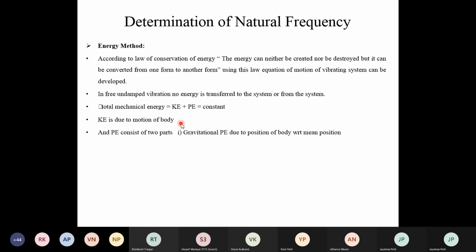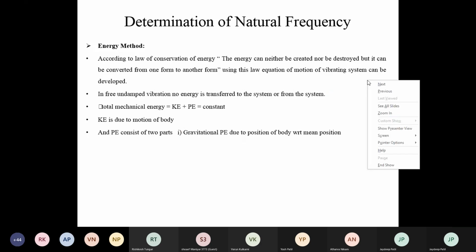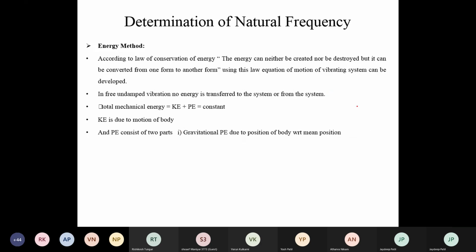But potential energy consists of two parts. First is the gravitational potential energy due to the position of the body with respect to the mean position. If there is no spring and the body is displaced from its equilibrium position, the height is given. For example, this is a simple pendulum. You displace this body from its equilibrium position. Now this is the height.